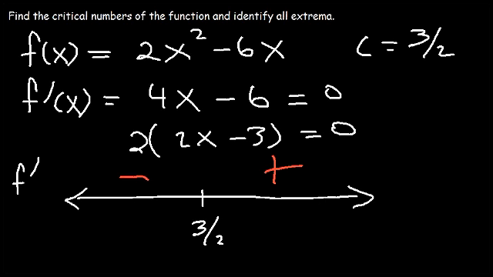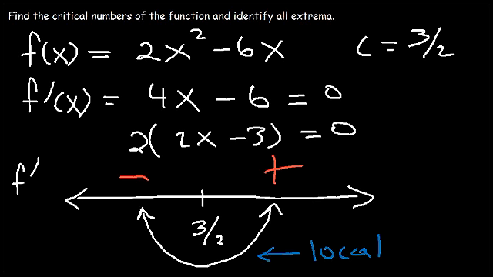When the derivative is negative, the function is decreasing, and when it's positive, the function is increasing. So therefore, what we have is a local minimum at 3 over 2. So it's located at x equals 3 over 2.